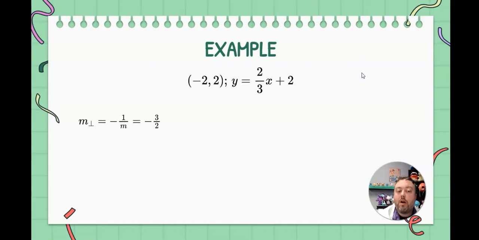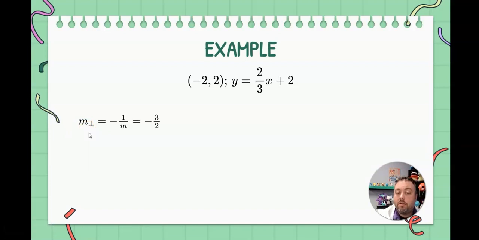Slopes are opposite reciprocals, so it's the opposite of my slope. My slope is 2/3. It's a positive number, so my perpendicular slope is going to be negative. And it's also the reciprocal, so I take the fraction 2/3 and flip it over, and I get 3/2. So my perpendicular slope is going to be -3/2.